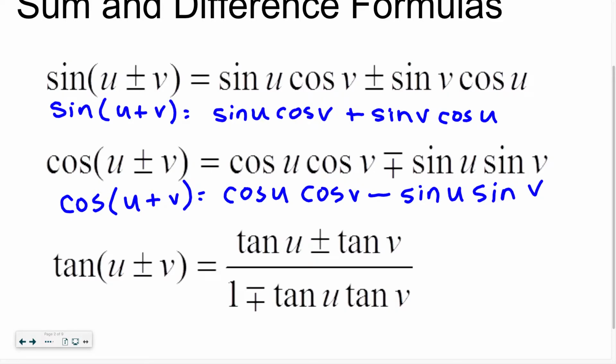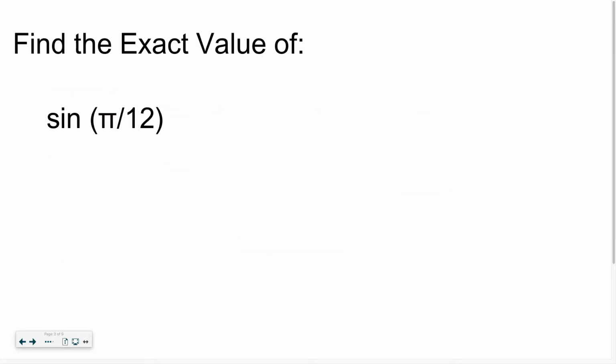Okay, so let's open the sine formulas. And we're going to do the exact value. So whenever I say exact, that means no calculator, no decimals, no rounding. Okay. The exact value of the sine of pi twelfths. Well, we don't know pi twelfths, right?